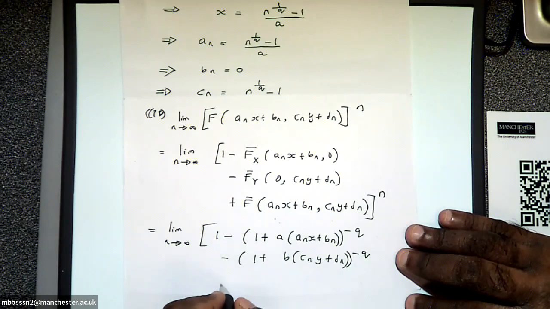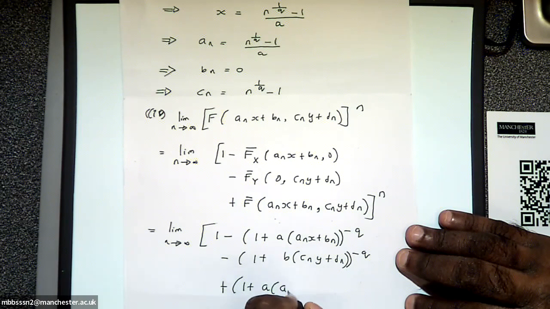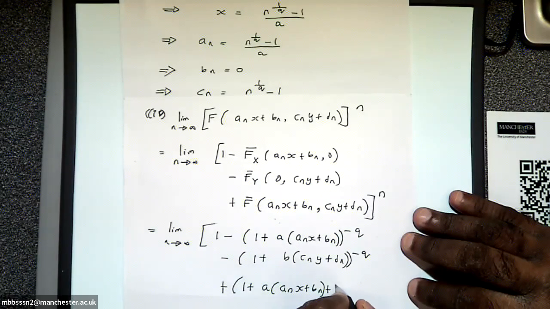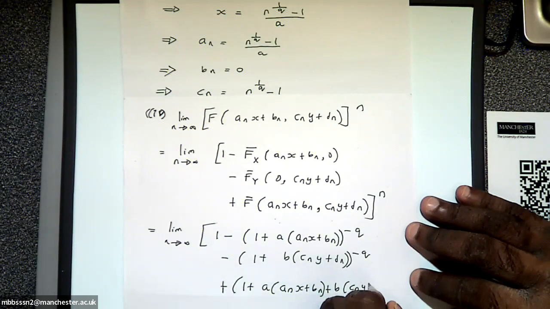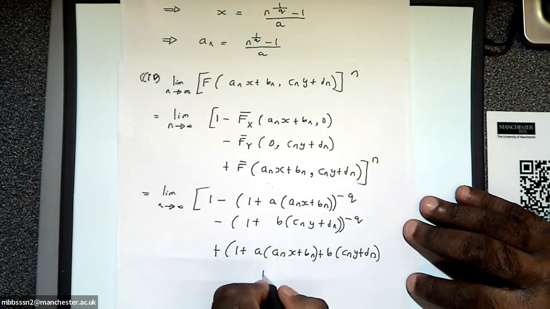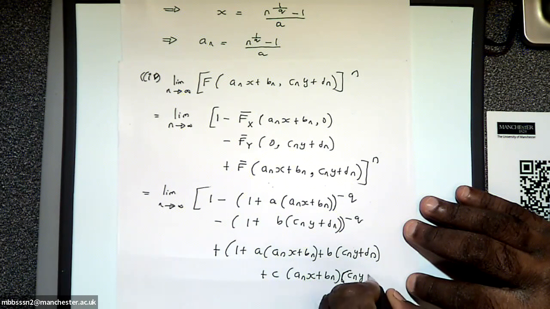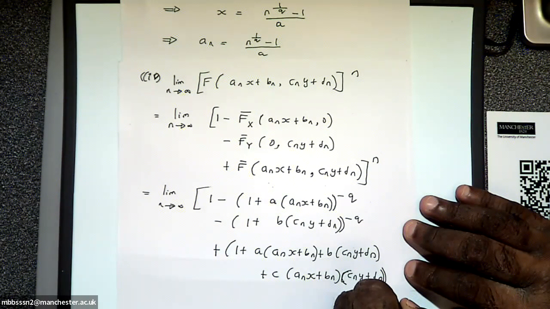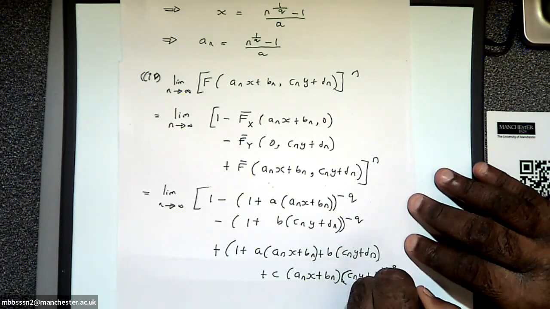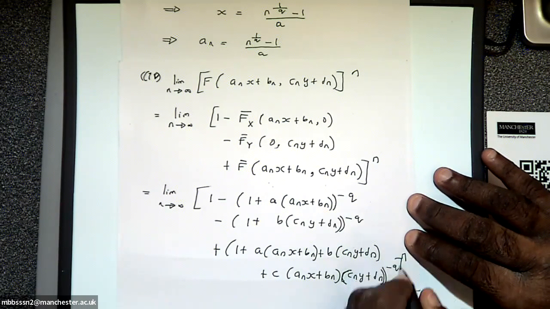And then you have plus 1 plus a times nx plus bn plus b times cny plus dn plus c times, to the power minus q. I know they look nasty, but they will simplify in a while.